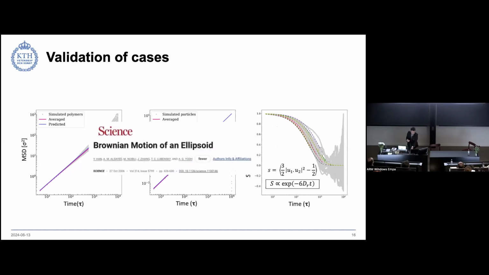And as I mentioned, when we have a slender particle, it diffuses differently in the parallel direction or the normal direction. Here they have a really good theory that I have used.